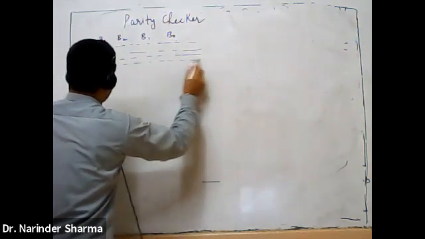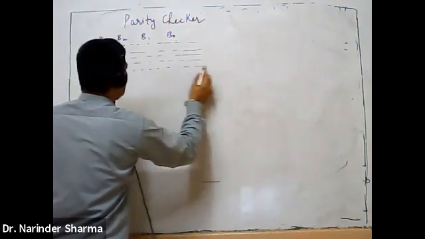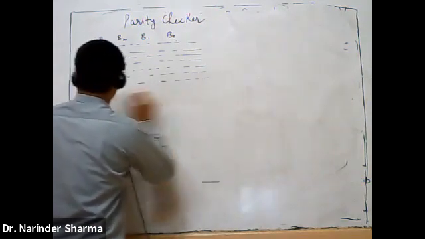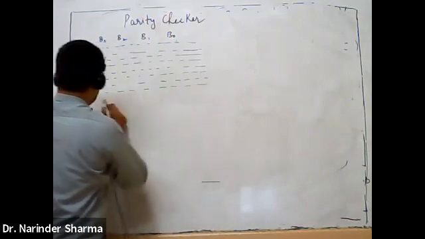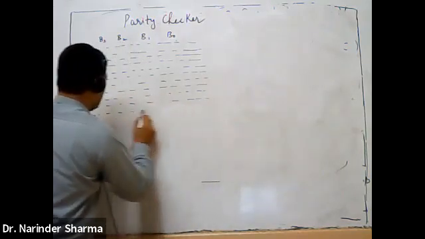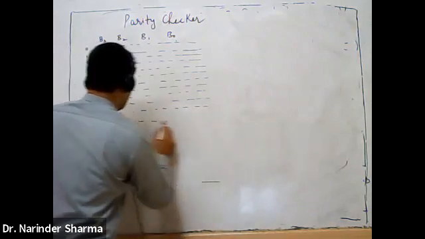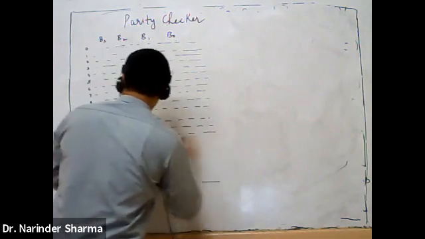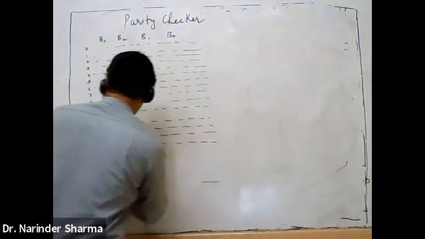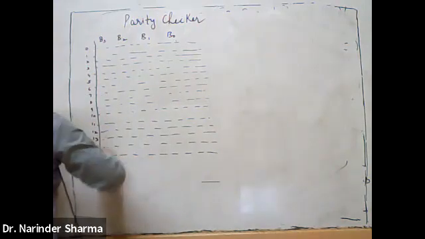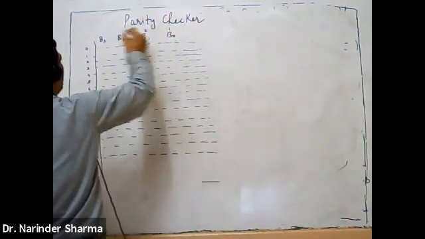Because this board is plain, it's better to write the dotted lines so that we keep the alignment. We have to fill up the corresponding binary values over here. One, two, four, eight.